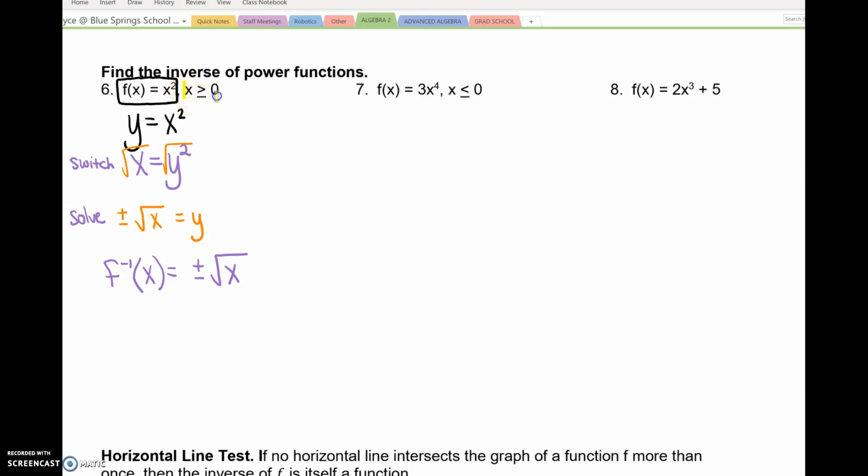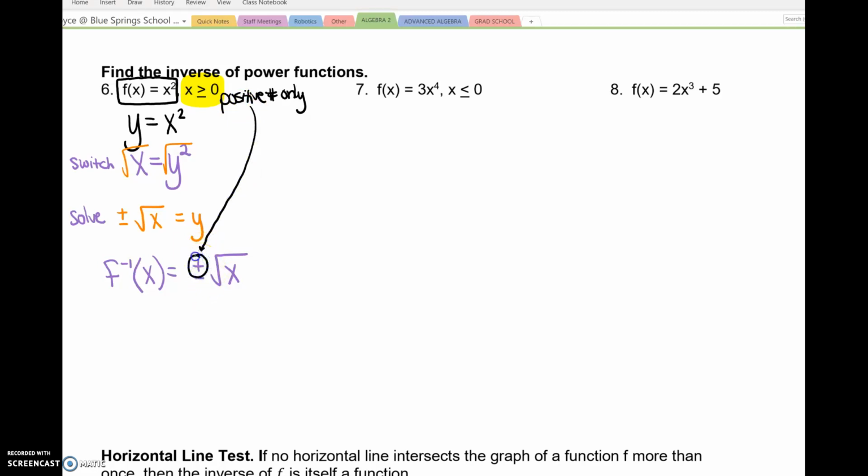Now let's talk about this x is greater than or equal to 0. This is basically saying positive numbers only. If they want us to find the inverse using the positive numbers only, they are basically telling us which part of that symbol to use.